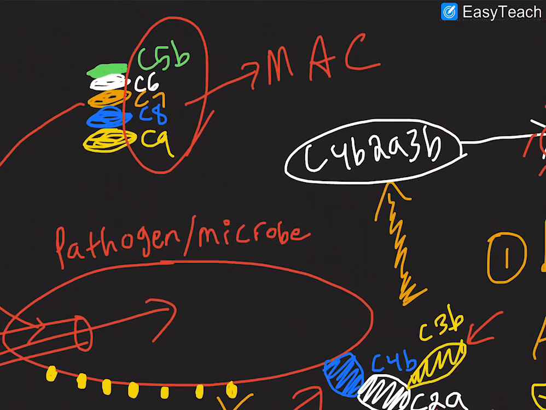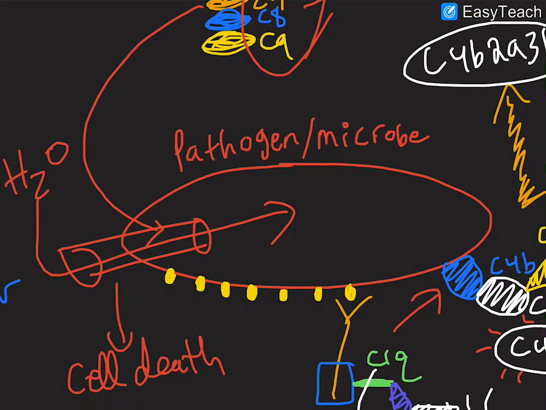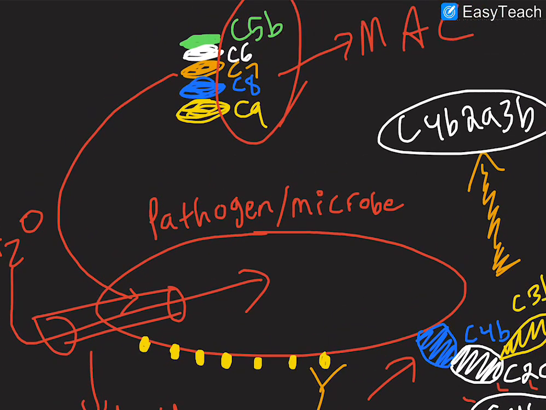And C5b can bind onto C6, which then binds to C7, C8, and C9, leading to the formation of the membrane attack complex. That leads to the osmotic lysis and destruction of the pathogen or microbe that's infecting us. So that's basically the classical pathway of the complement system.